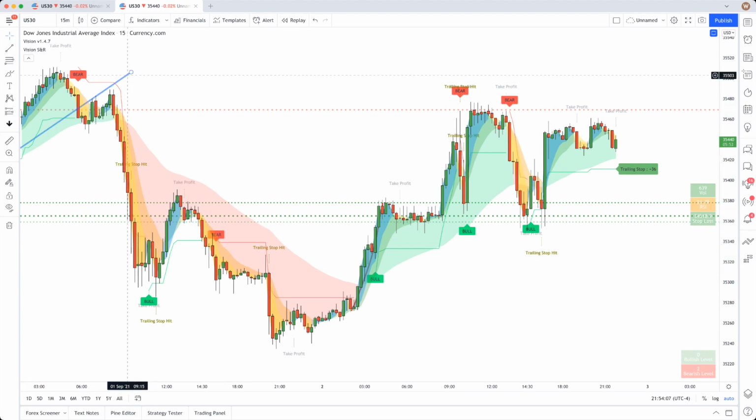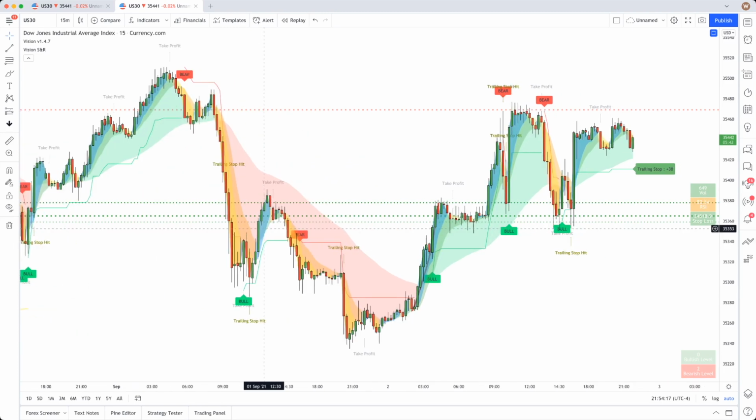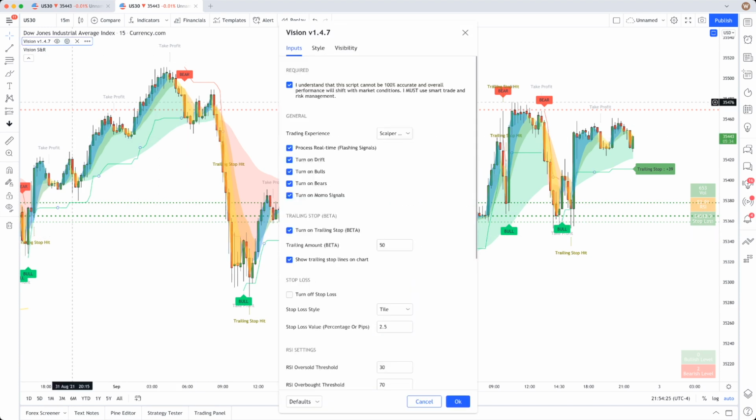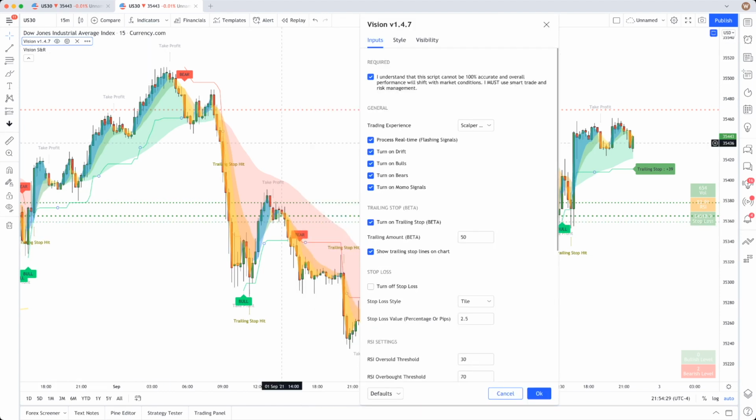By the way, anybody that doesn't use the trailing stop, it's in every version of Vision right now, 1.46. So the trailing stop's super beautiful. Like you see these lines that follow the chart, it'll help you. Let me turn the drift off because it's kind of hard to see the lines when you have your trail too tight.